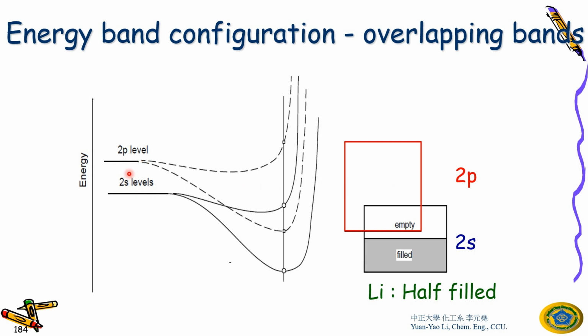But if you put a lot of atoms together, this shape tells you that this will be the 2s orbital, this will be the 2p orbital, and the 2s orbital here and 2p orbital here are overlapped.